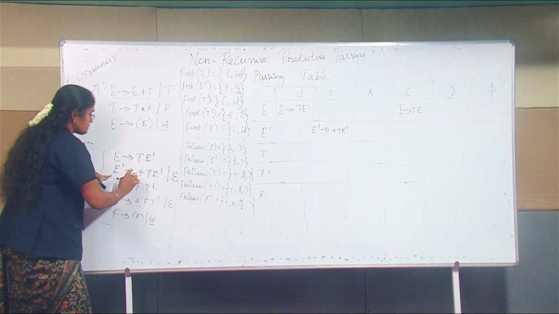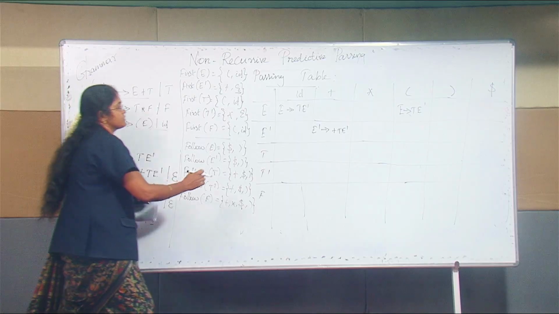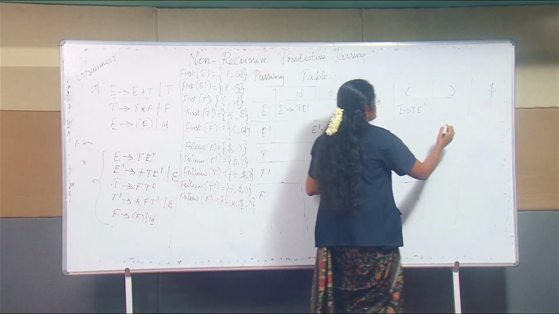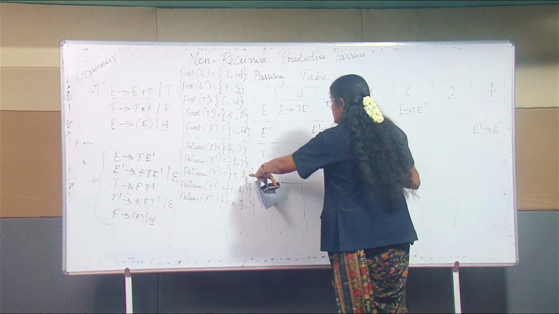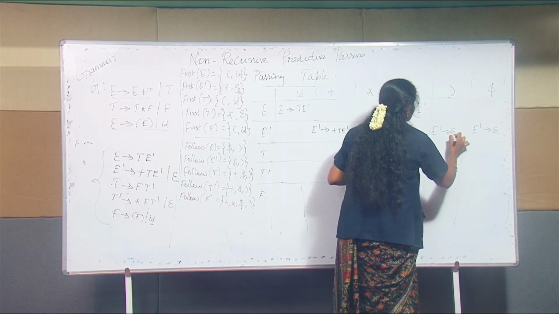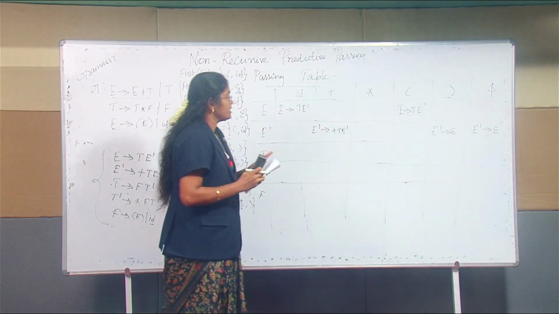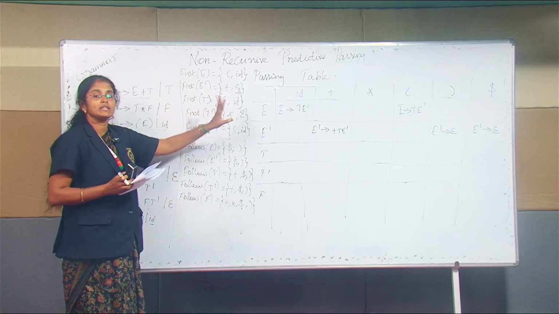So in those columns we need to write this production. So in dollar, E dash tends to epsilon, then in close bracket, E dash tends to epsilon. So likewise, you have to fill. We need to check the first for filling the parsing table.